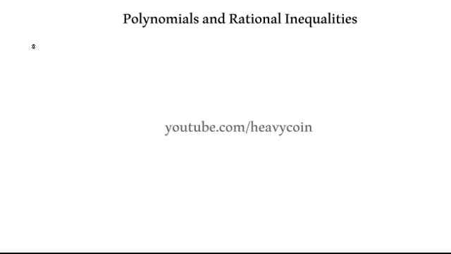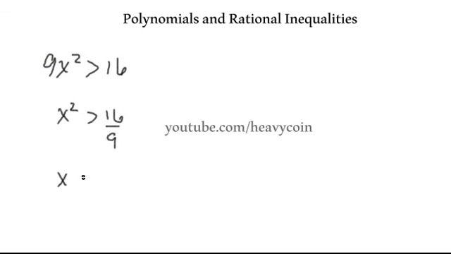Okay, so this should be like a quiz question here. Finding the solution set to this inequality. So what I'm going to do here is I'm going to go ahead and multiply both sides by 1/9. And then we're going to square root both sides. Actually, you know what?